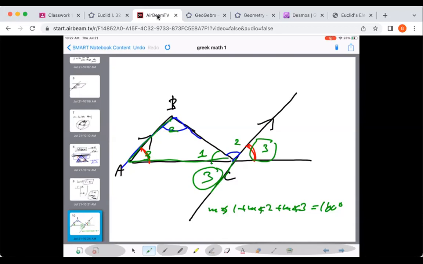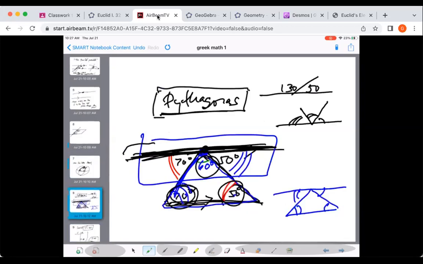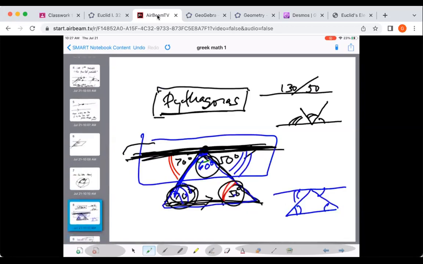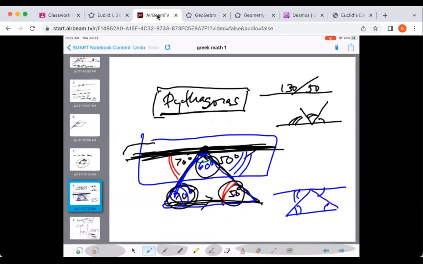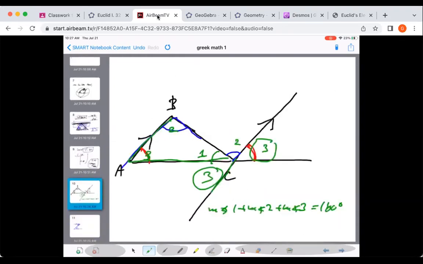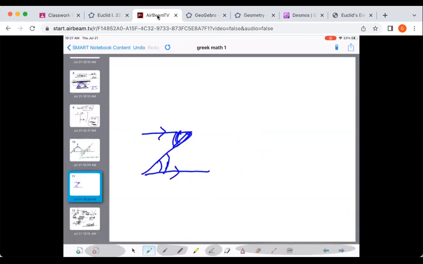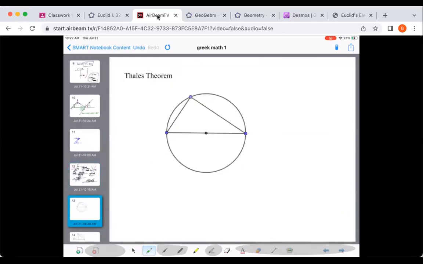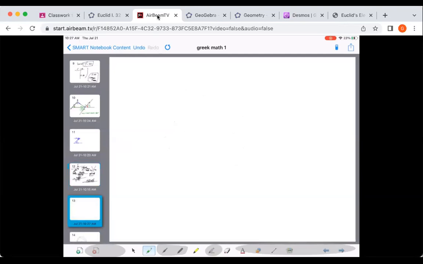But now we have established our first proof. And we're talking Thales now, because Thales was aware of a few theorems. So what we've established is the sum of angles in a triangle is 180 degrees.